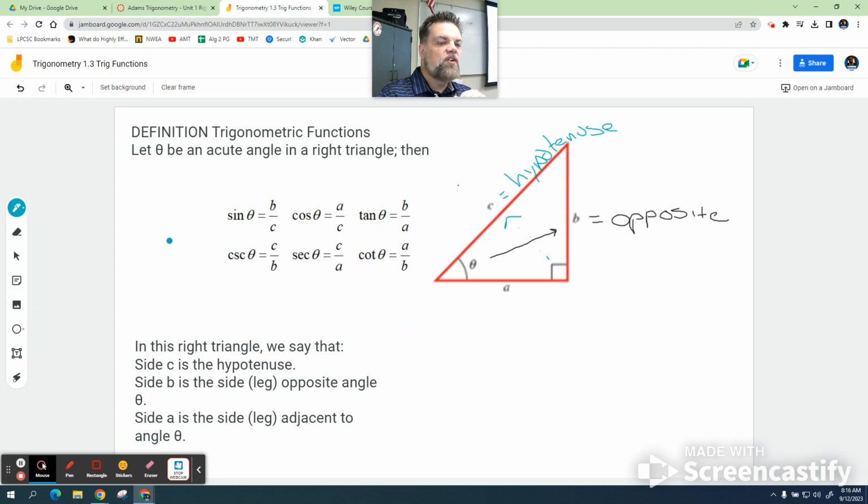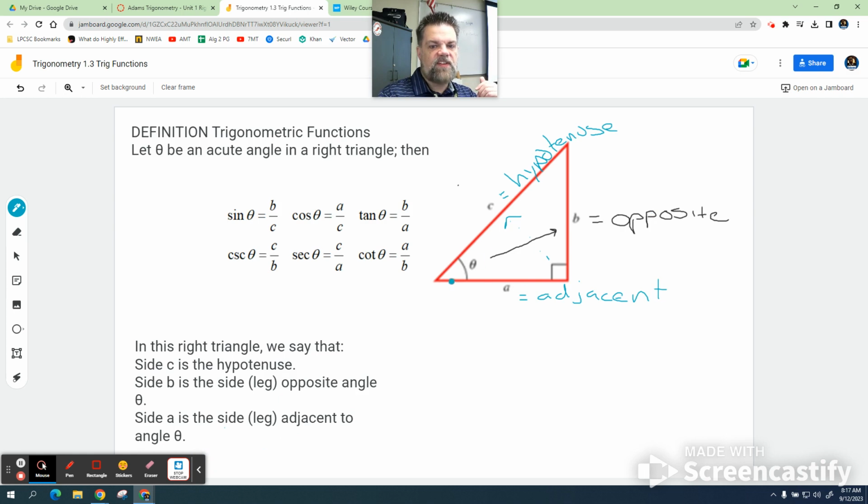And then the one left over is just the adjacent. So they said C is the hypotenuse, B is the opposite of theta. So that's why we call it the opposite side or leg. And then the other leg or side is the adjacent to theta, right?